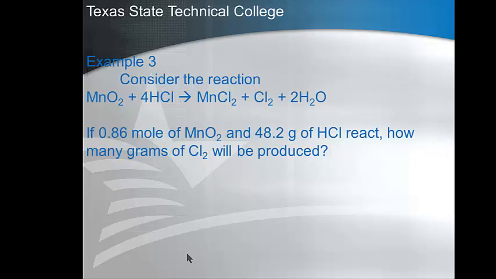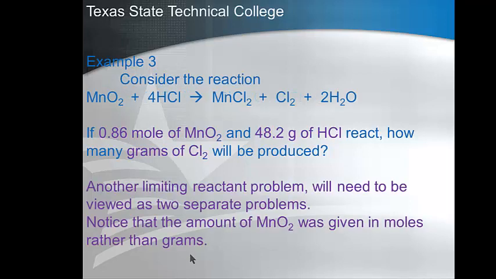Our third example is also a limiting reactant problem and will also be treated as two separate problems. As we identify the pertinent substances, please notice that the manganese 4 oxide is given in terms of moles rather than grams.